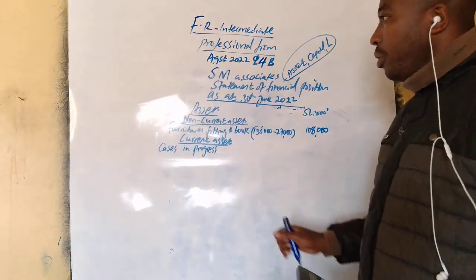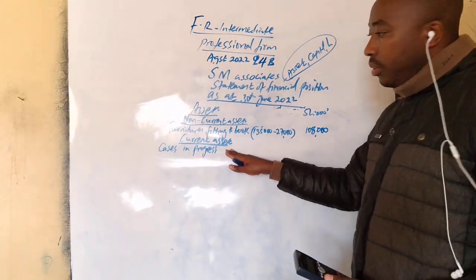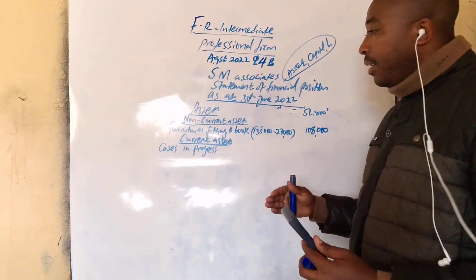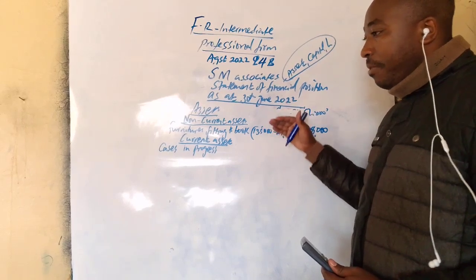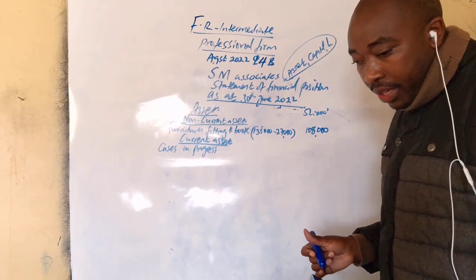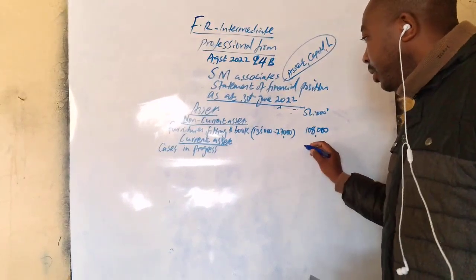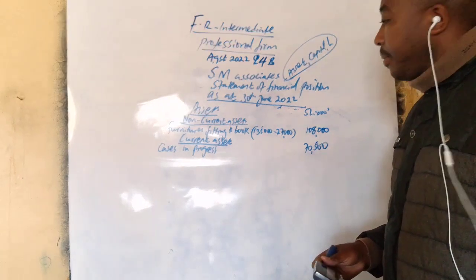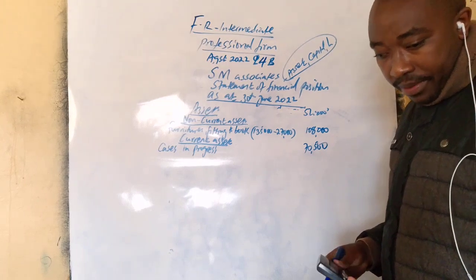And as you know, the balance sheet records the closing figures. When given two figures, we record the closing figures. And therefore, the closing figure is on note number 3. It is 70,500 recorded there.